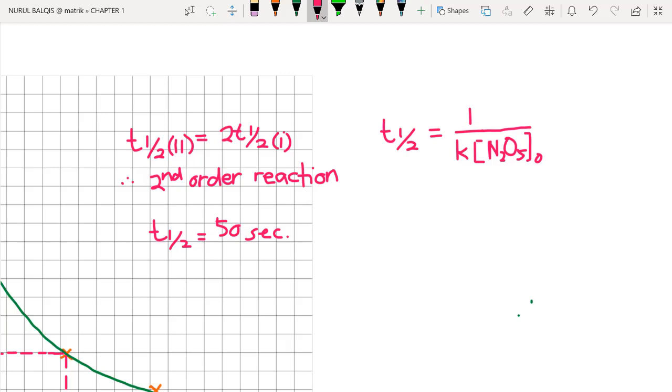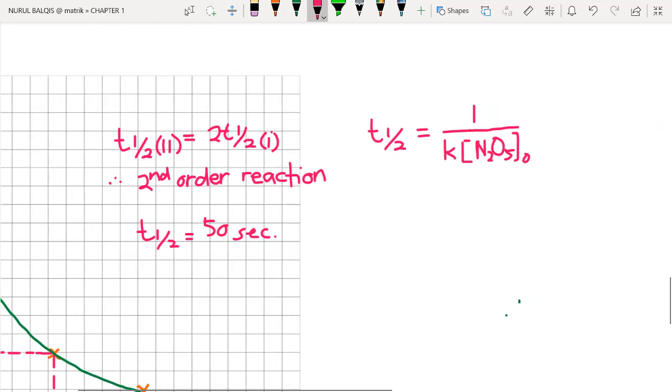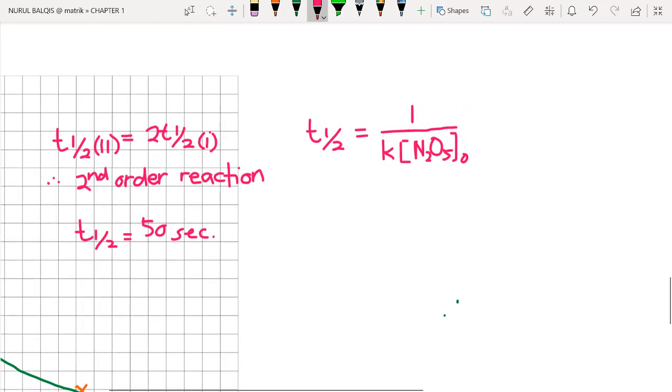So we know that our initial concentration for this species is 0.20. So simply substitute the value. Then by rearranging this formula, we're going to have K is equal to 1 over, so our half-life is 50 seconds, and then the concentration is 0.20.